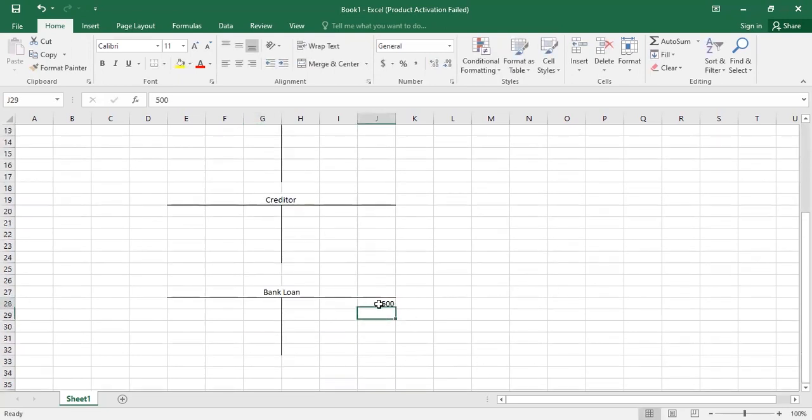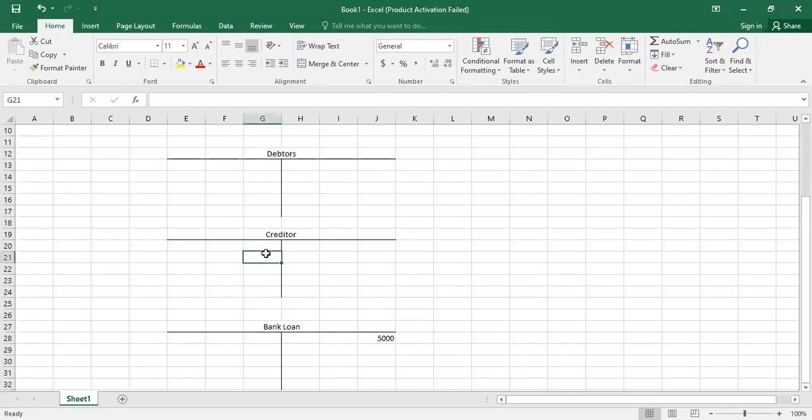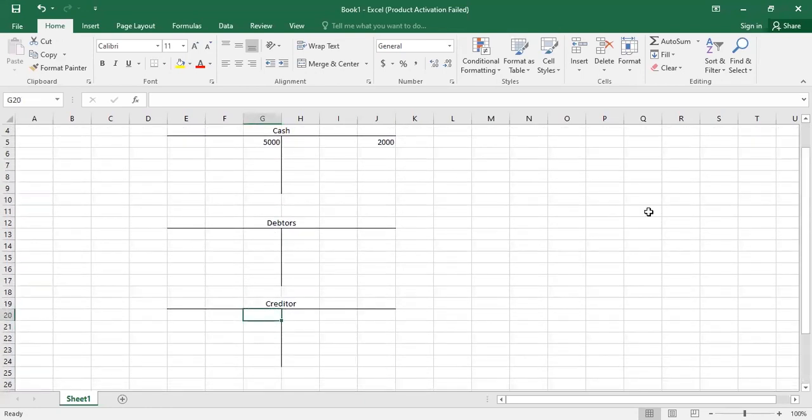Is it clear to you guys? Right. Second one. Paid 2,000 to creditors. Cash book credit. Okay. Creditors account debit. Right.